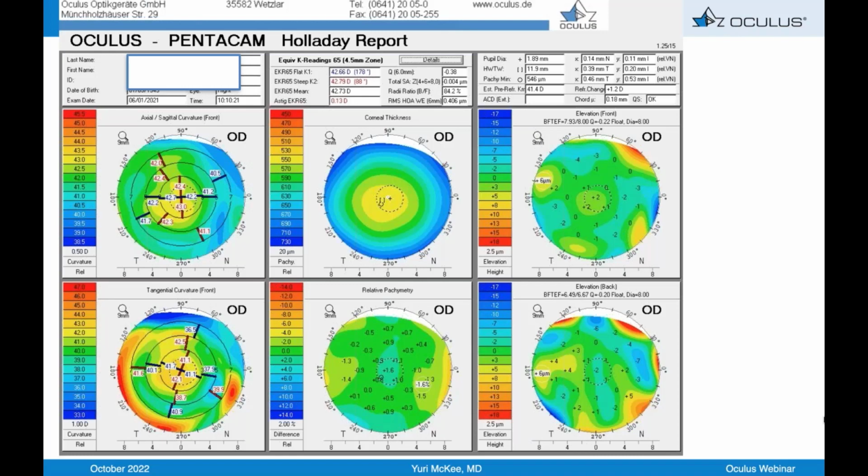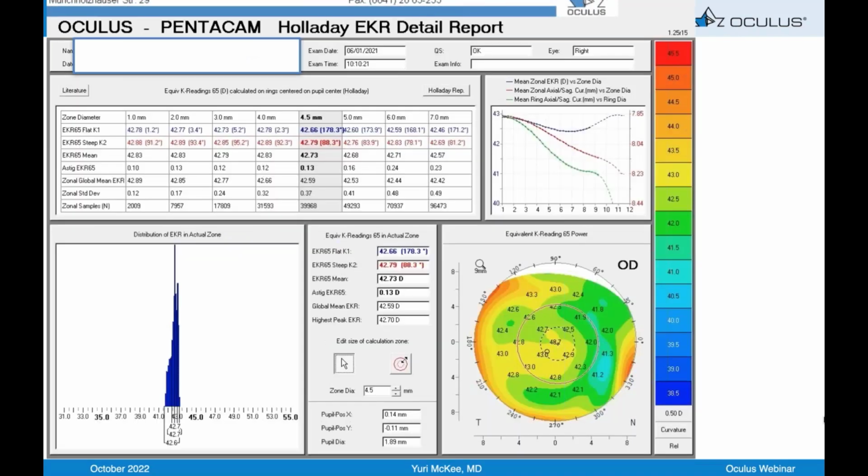I also look at this and show patients this screen. And the reason I show them this is look down in the lower left-hand corner. It says distribution of the EKR in the actual zone. It's showing a distribution of different keratometric powers measured for this cornea. And what we have here is a very tall, narrow peak.